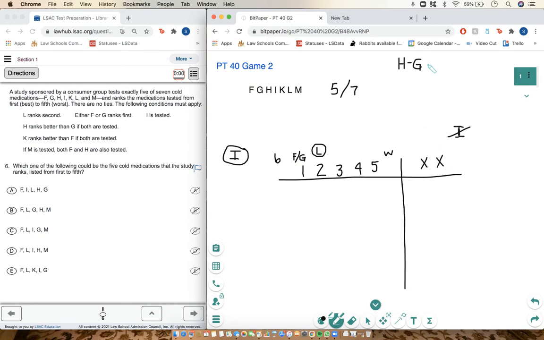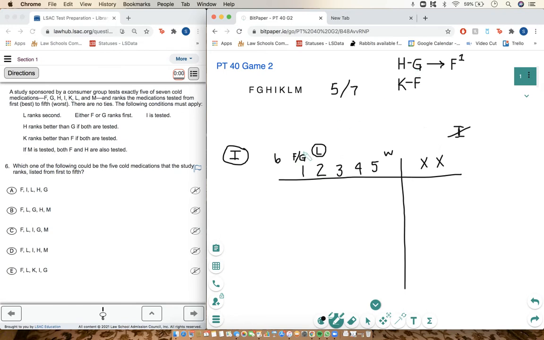So if you have H and G, then yes, H goes before G, and then F is the one that comes first. And then our next rule, K ranks better than F if both are tested. So K has to go before F if both are tested.